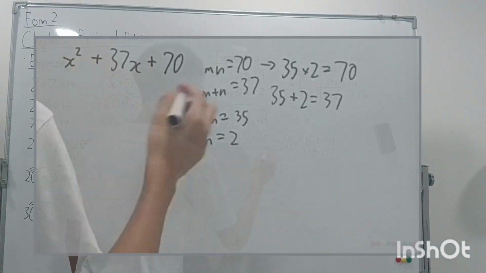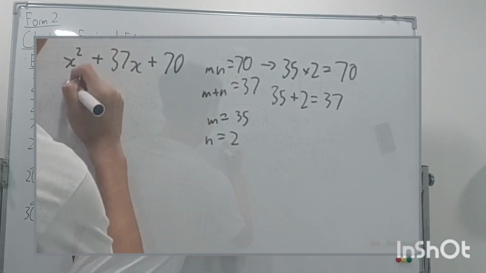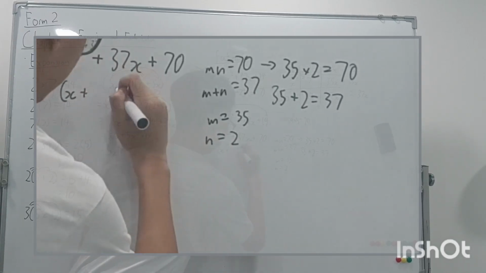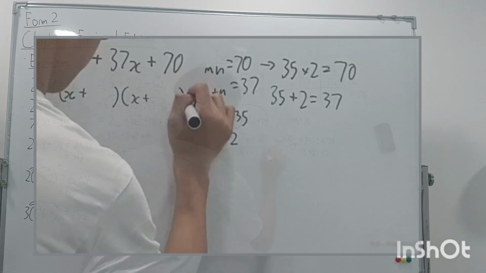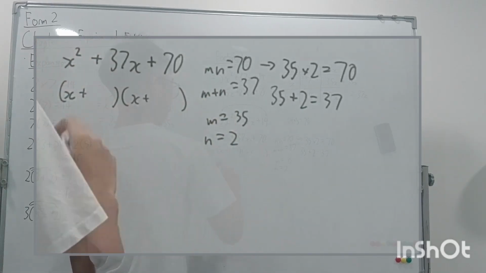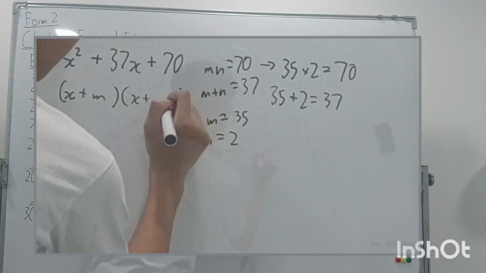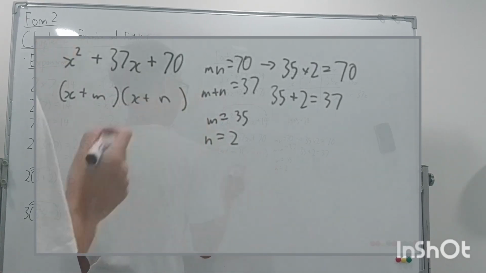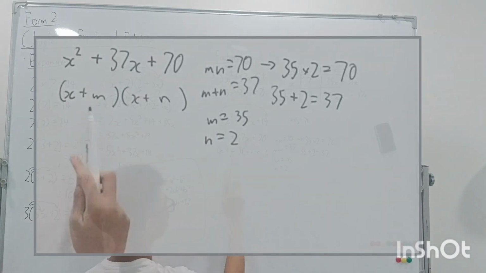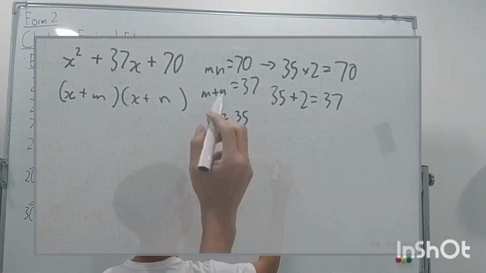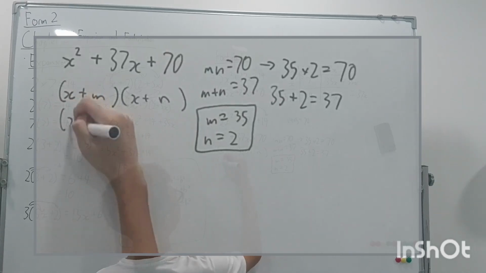So now we're going to write it in a form like this: x plus m and x plus n. We have to find the values of m and n, and now that we have them right here, we're going to plug them in.